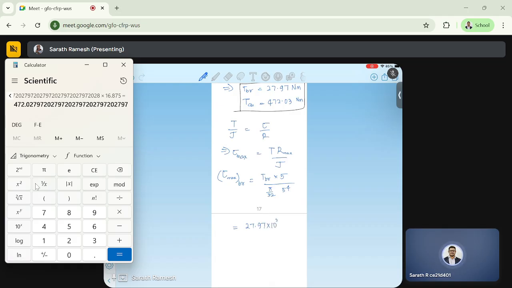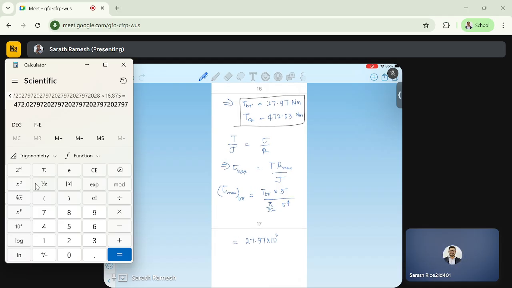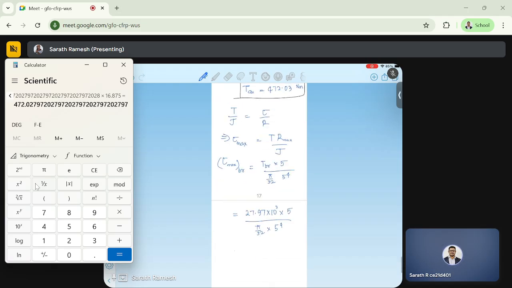Careful, only one time you will make a mistake, other repeatedly we should not. So 10 power 3 times 5 in mm divided by pi by 32 times 5 power 4. All are in Newton and mm square.